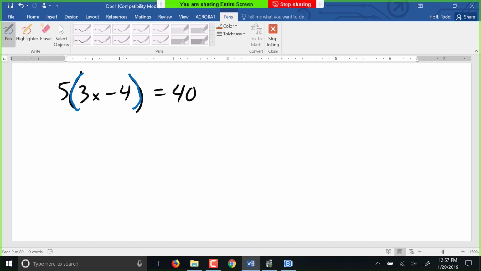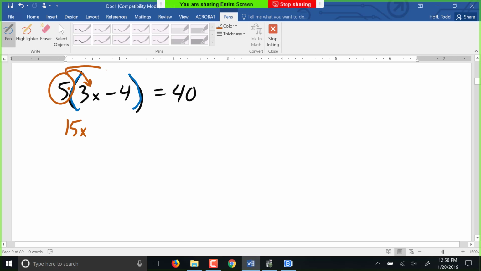The second thing is there anything that needs to be done to the parentheses? In this case, that parentheses is being multiplied by 5. If you recall the way we deal with that, the shortcut is to distribute. 5 times 3x is 15x. 5 times the negative 4 is negative 20, and that still equals 40.